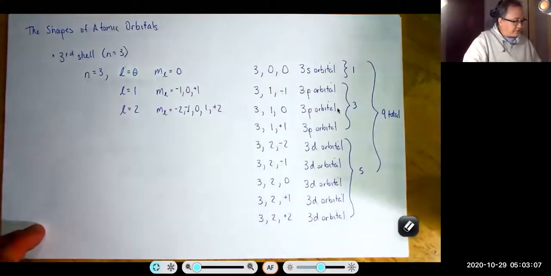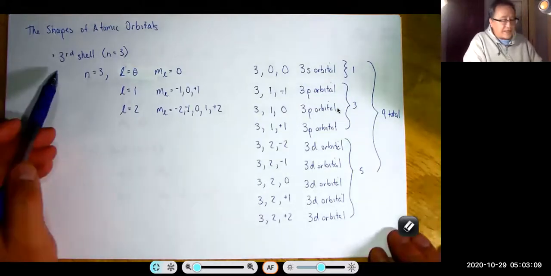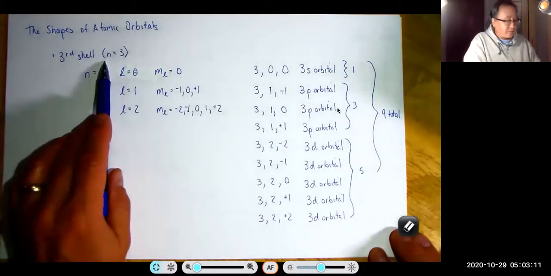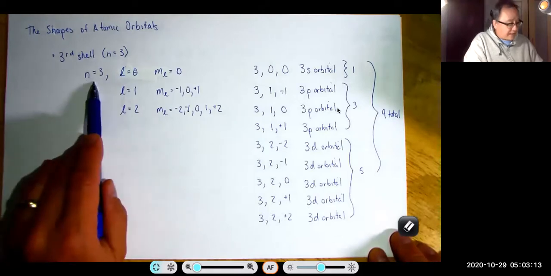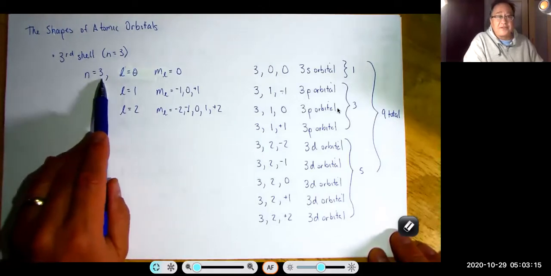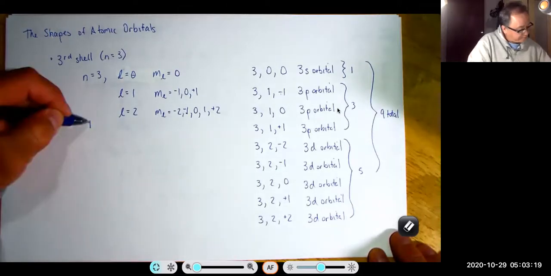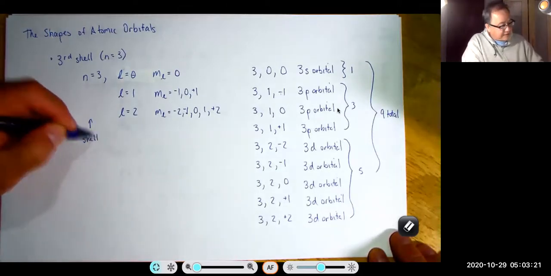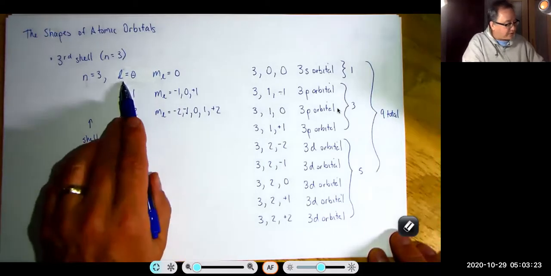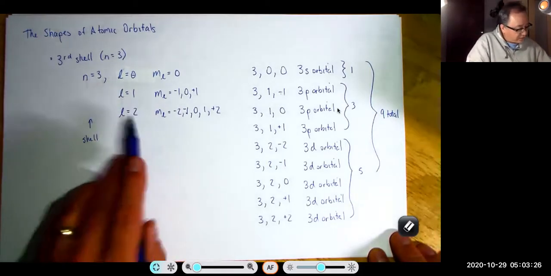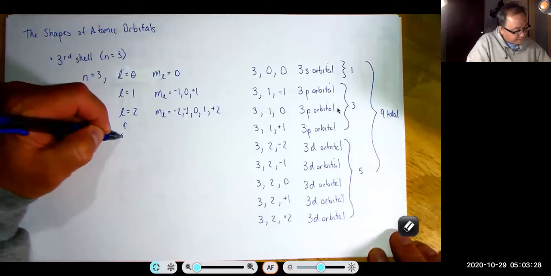For the shapes of atomic orbitals, we're going to take a look at the third shell. For the third shell, the principal quantum number is 3, so that's the shell. The different L's possible are 0, 1, and 2. These are subshells.